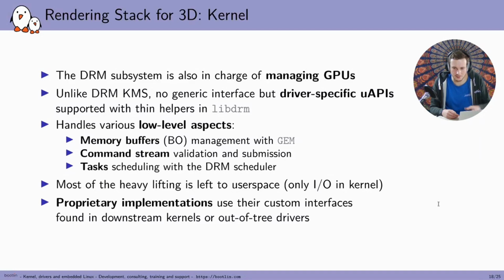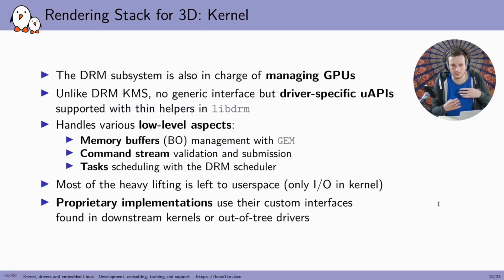Userspace will provide different command streams that will be validated by the kernel, so that the kernel makes sure that the command stream won't try to access the data of other programs, other applications. And then it's going to submit that command stream to the GPU and ask it to process that command stream.